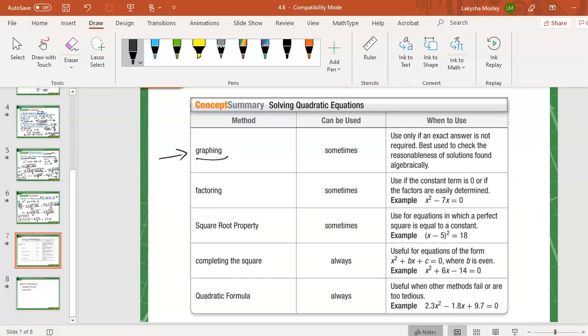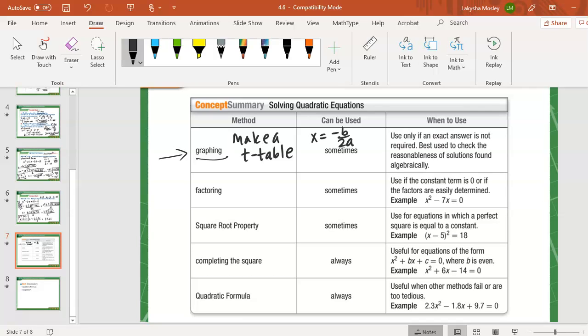You can graph them. And you've heard me say this before. If you have a brain fart and you don't remember, make a t-table, which means you just choose some negative x values, 0, some positive x values, carefully plug everything in, and then plot your points. That simple, right? You also can do the axis of symmetry, which, remember, is when x is equal to negative b over 2a.